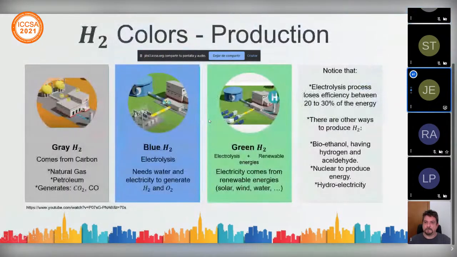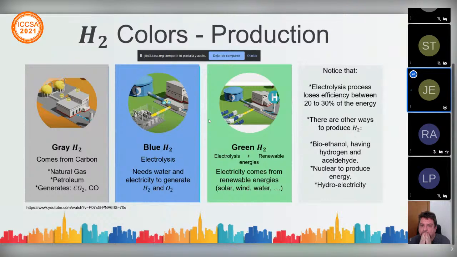We know about hydrogen colors. If the hydrogen is produced from carbon sources, like natural gas or petroleum, it will generate CO2 and CO. If hydrogen is generated by electrolysis, we need just electricity to generate hydrogen and oxygen. And if we use electrolysis plus renewable energies, we get green hydrogen.